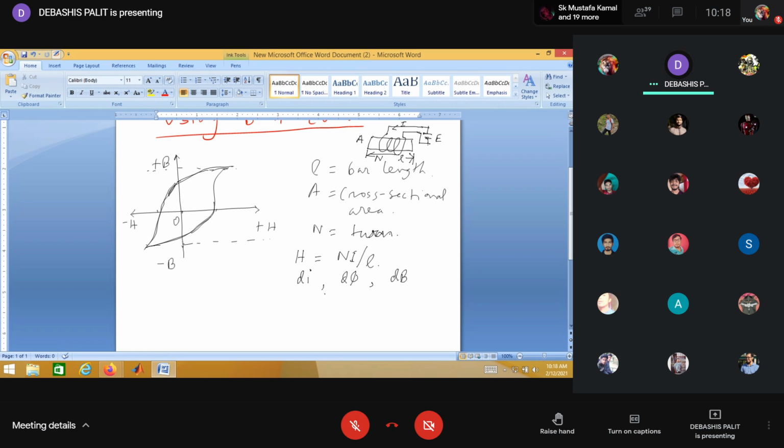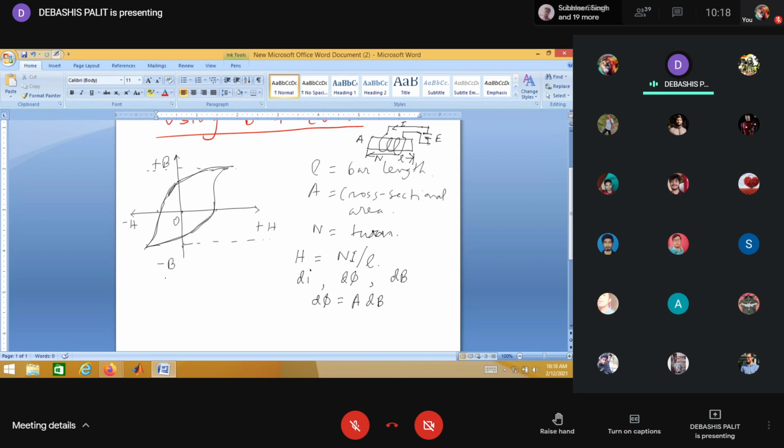Now you know that d phi equals A into dB. So dB is the flux density increment due to the current increment, and d phi is the flux increment due to the current increment.